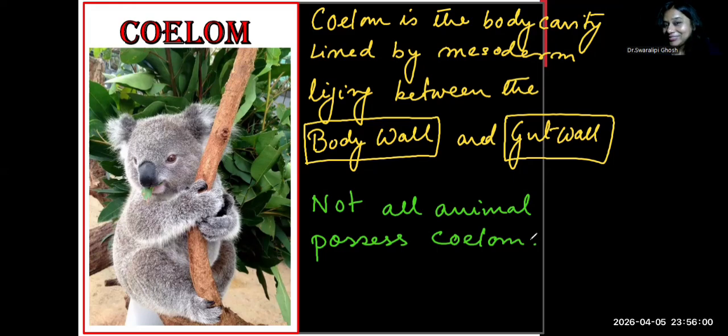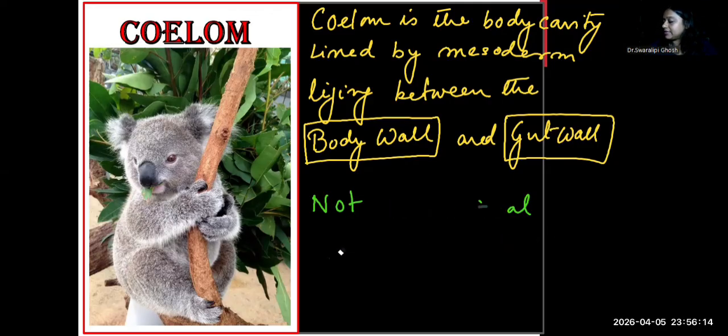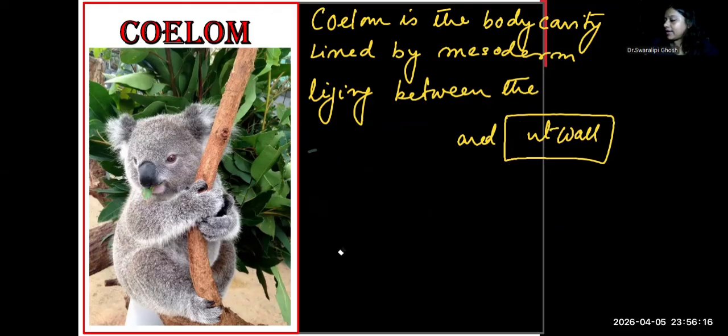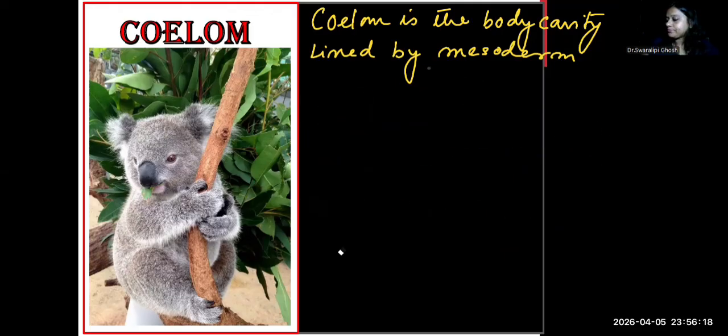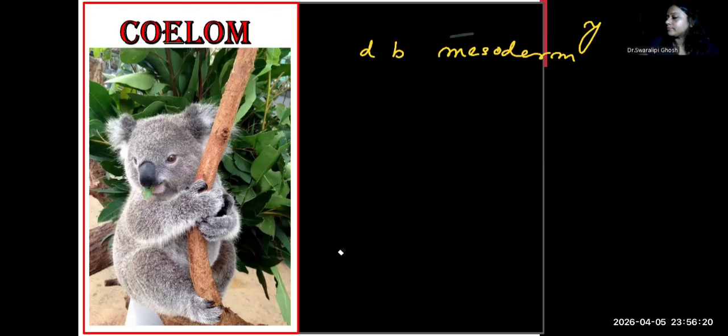Now, I'll detail you the reason. Now, we know that platyhelminthes, that is the first triploblastic animal which we have seen, right? Let me rub the board so that I can get the space. Okay.